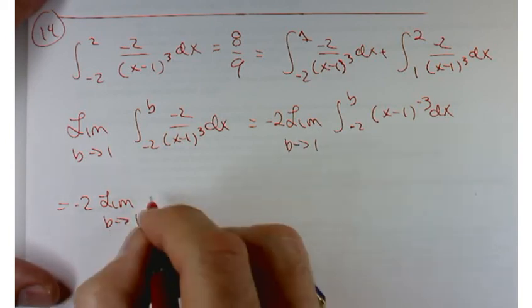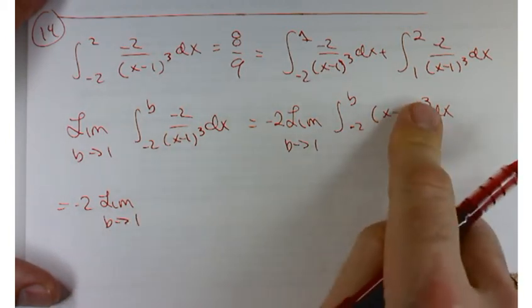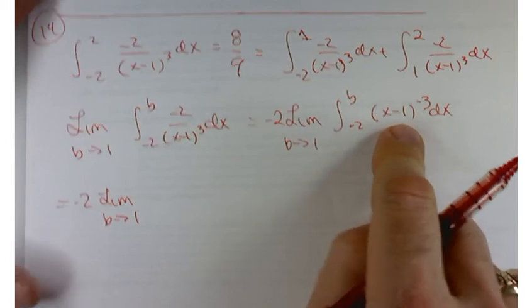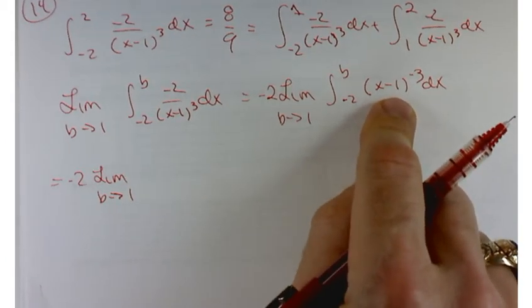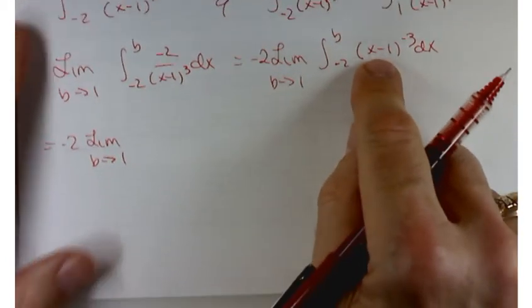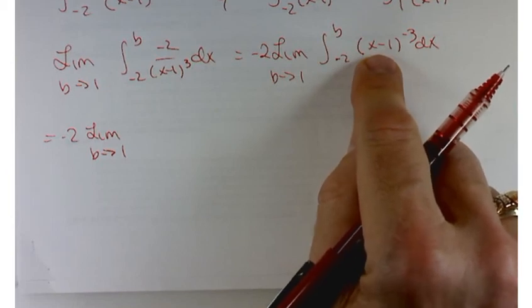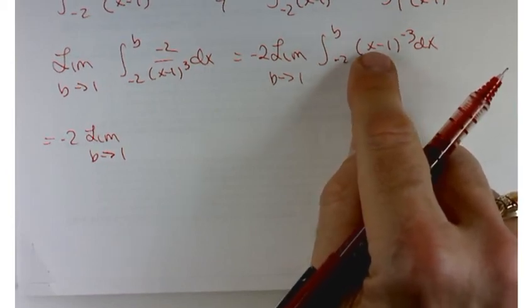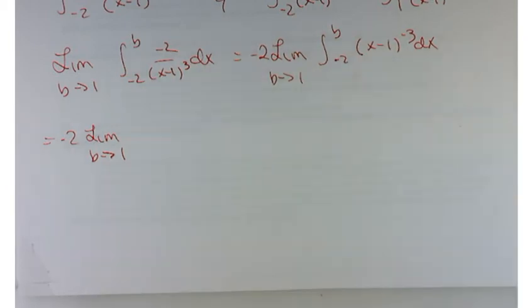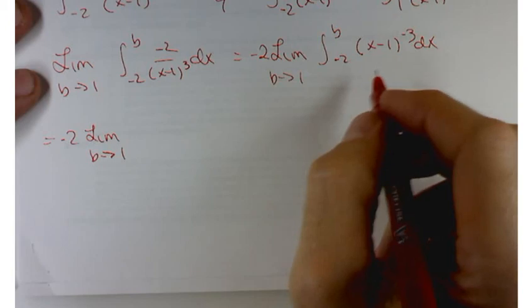Add 1 to the exponent, divide by the same exponent. Now the reason I can get away with this so easily is because if I did a u substitution, it would be x minus 1 for u, and then du would equal dx. There's no constant involved. So you can just do that part in your head in that nice case where du would equal dx.